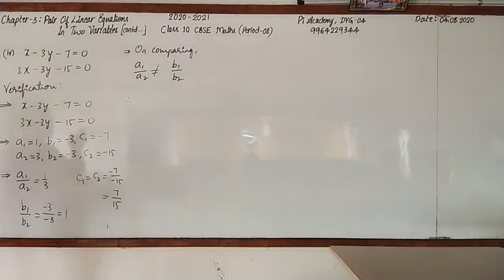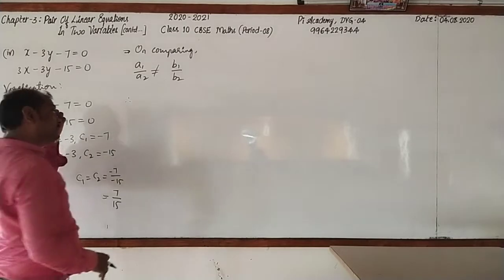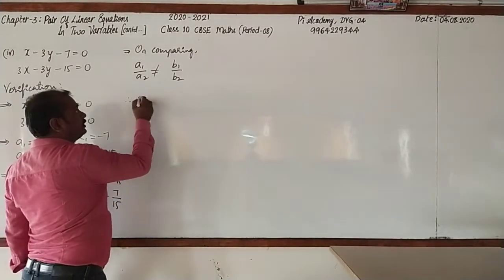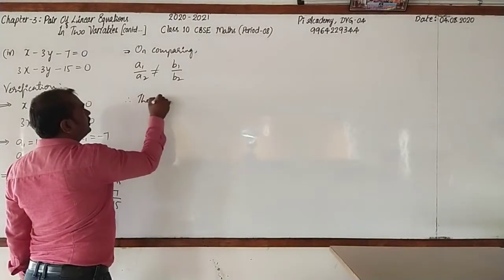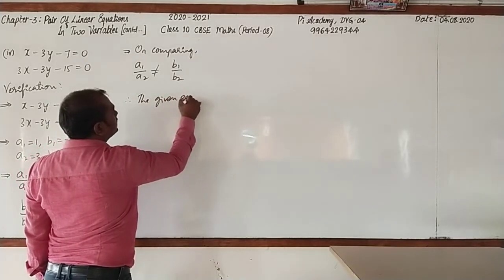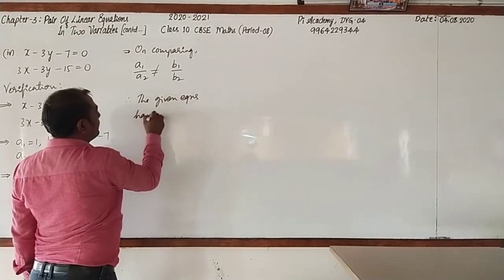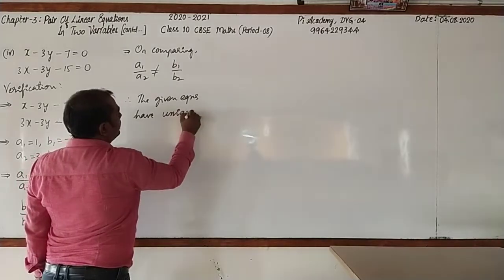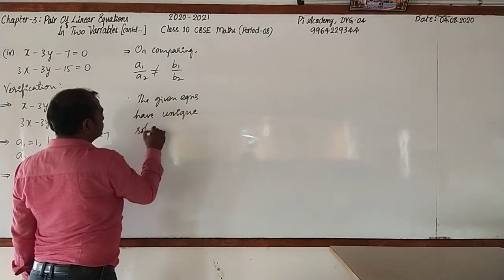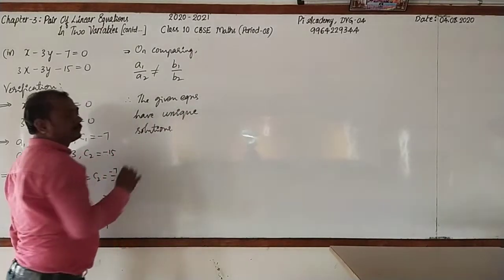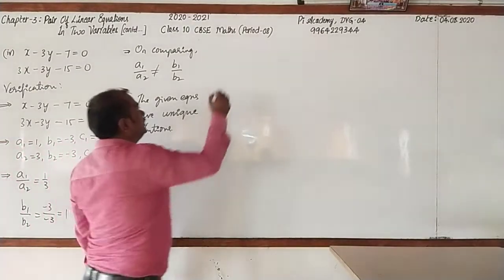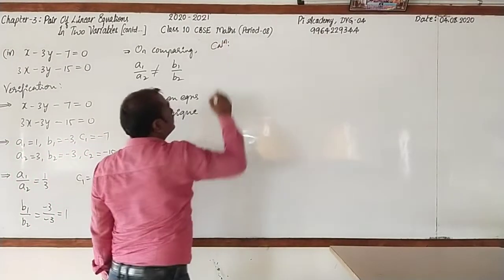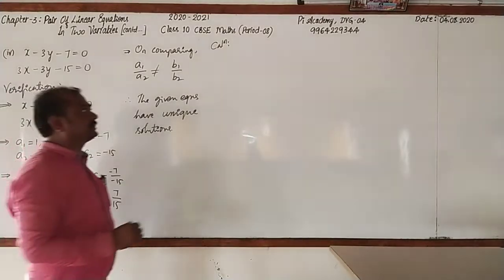Then what do you say about the solutions of these equations? Yes, they have a unique solution. Therefore, the given equations have a unique solution. Clear? Yes. If it is so, then we have to solve by the cross multiplication method.